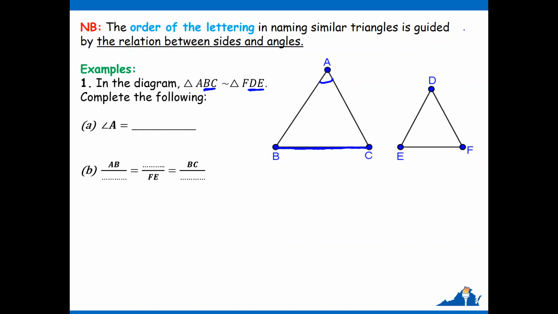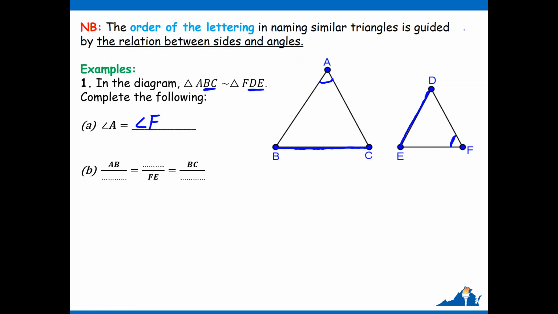So that means DE is the side that corresponds to side BC. Therefore, it is opposite the angle F, meaning angle F is equal to angle A. So we safely write angle F as the one which is equal to angle A.